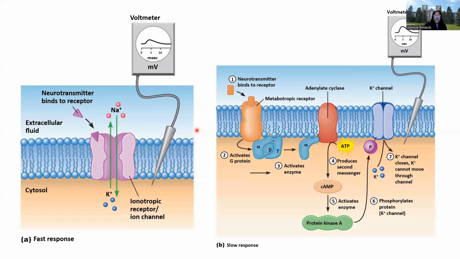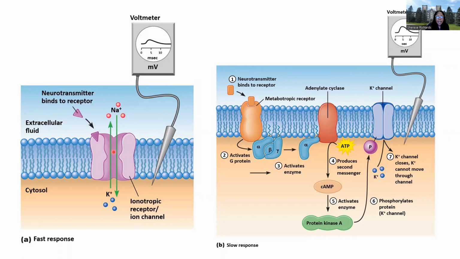All right. So just comparing the fast response versus the slow response, and what that looks like with different ions moving. The fast response is always going to result in the neurotransmitter or ligand binding to an ionotropic receptor. Ionotropic means that the receptor is also behaving as the ion channel.